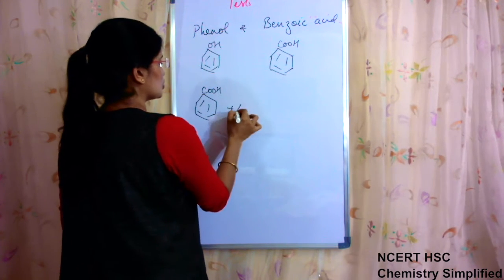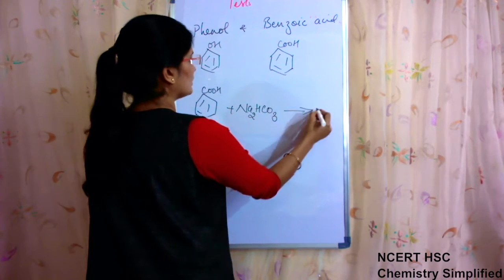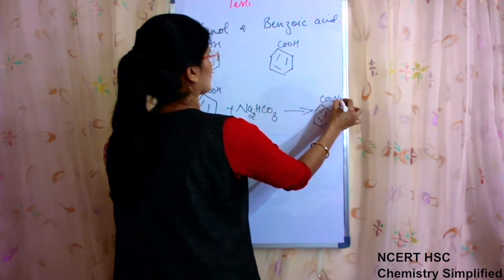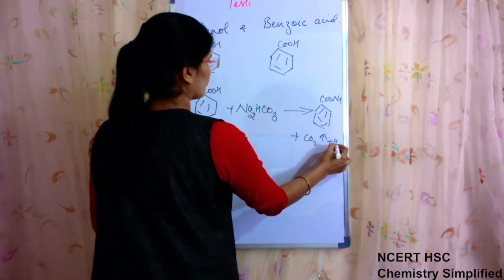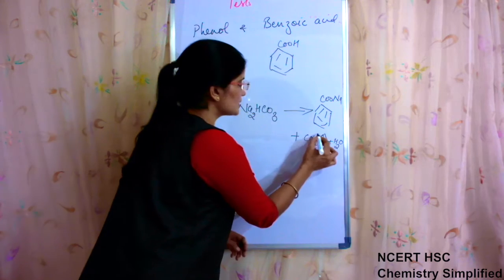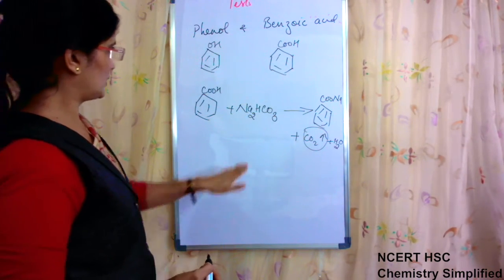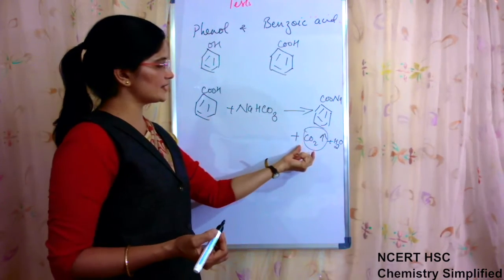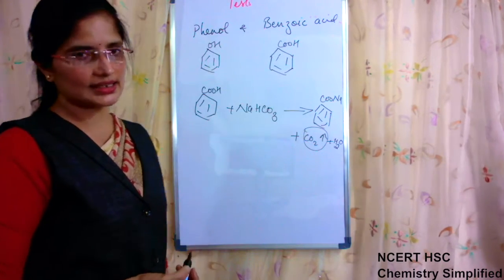react with sodium carbonate or bicarbonates, then they form salts, plus CO2 gas is evolved with brisk effervescence. And because it is brisk effervescence, it can be used as a test.